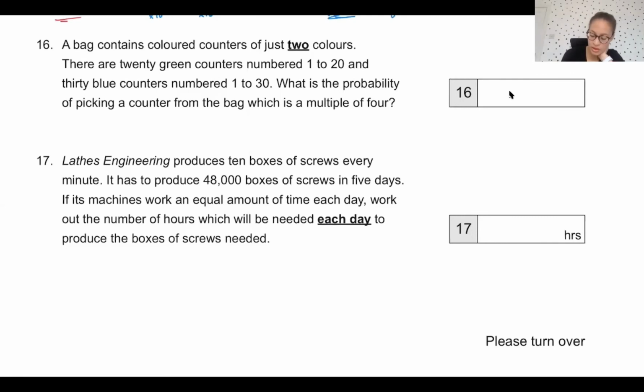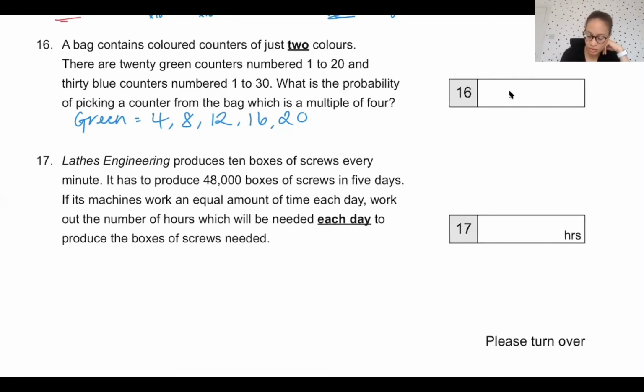So green counters, we have 4, 8, 12, 16, and 20. Don't forget 20. So there are 5 green counters that are multiples of 4. Now I need to know how many blue counters are multiples of 4?